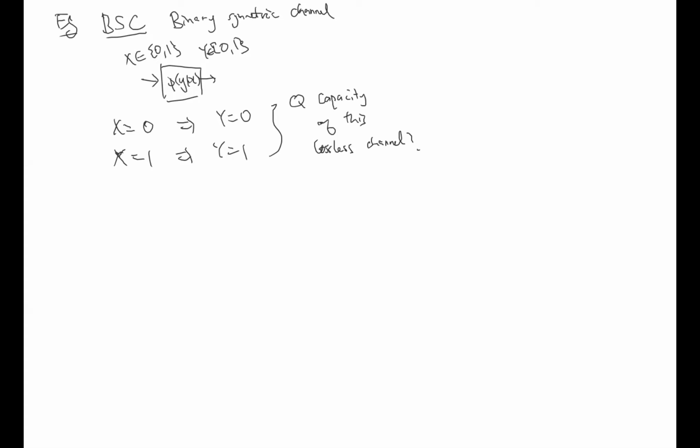Let's say I have this binary channel, in the sense that whenever I send out 0, I receive 0. If I send out 1, I receive 1. So what will be the capacity of this channel?